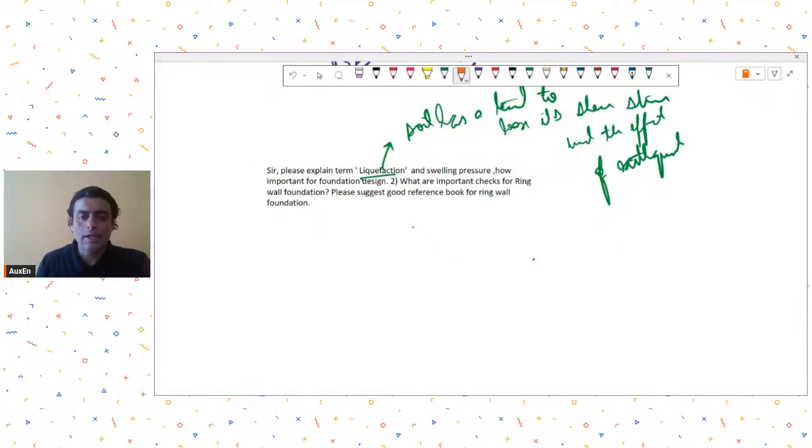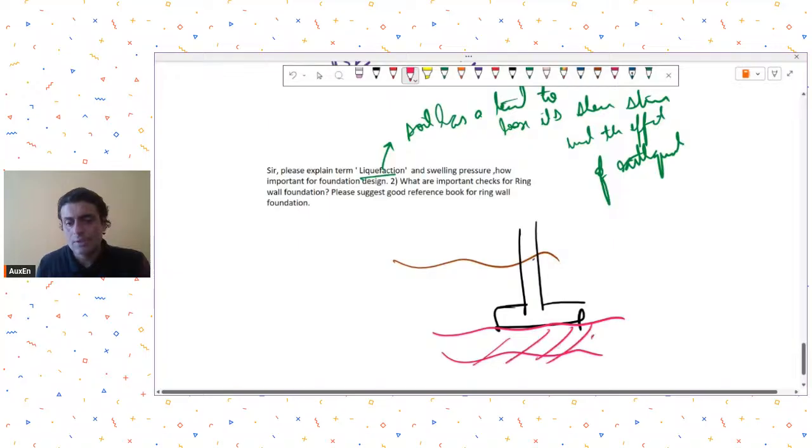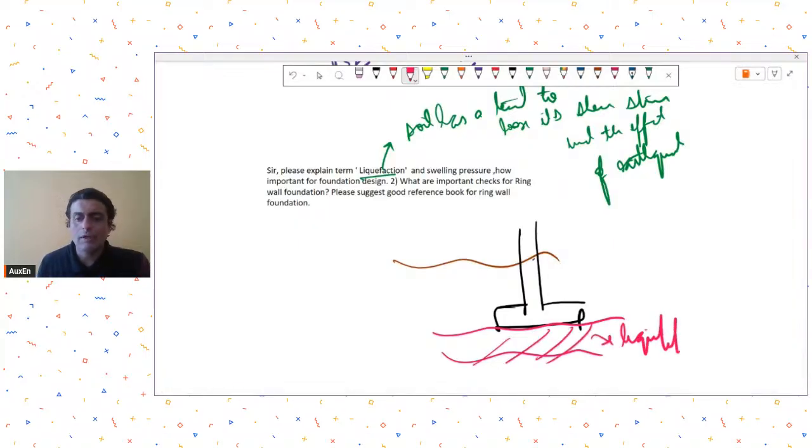So what that means is that if you have your soil strata like this, and suppose you have kept your footing over here, and the strata on which your footing was kept has a tendency to liquefy. If it has a tendency to liquefy, what will happen?